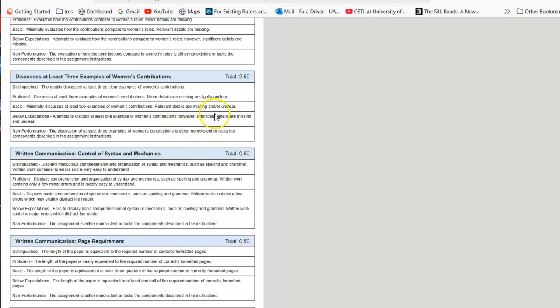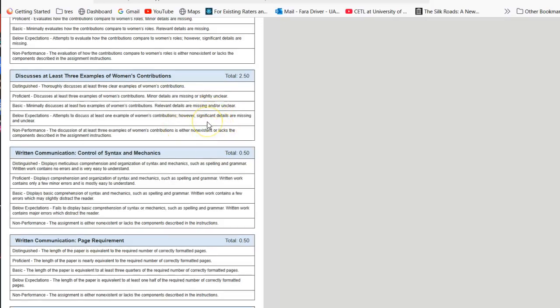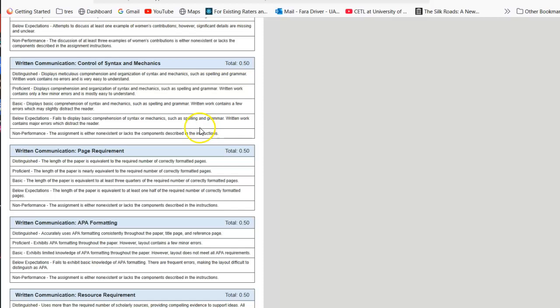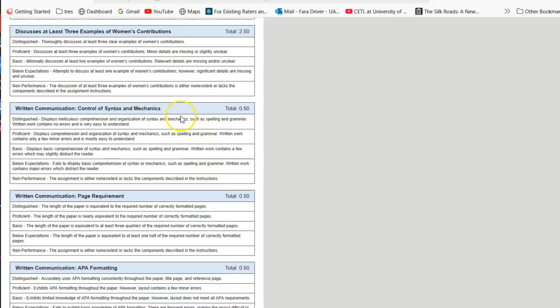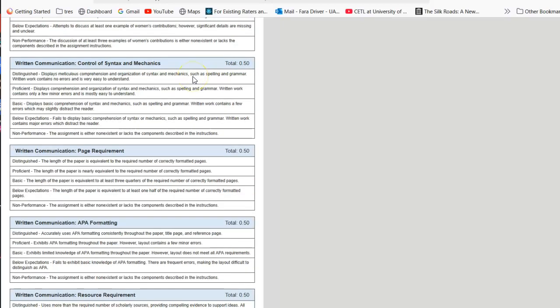So you're going to need 3 actual, literal pieces of art that you're going to be talking about and defining and showing how they contributed to art, but maybe for a distinguished grade, how they also demonstrated women not staying in their roles, or if they were staying in their roles, how they did it.